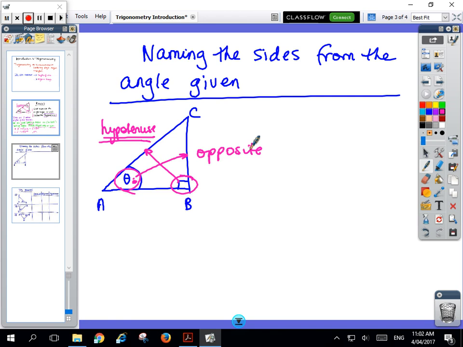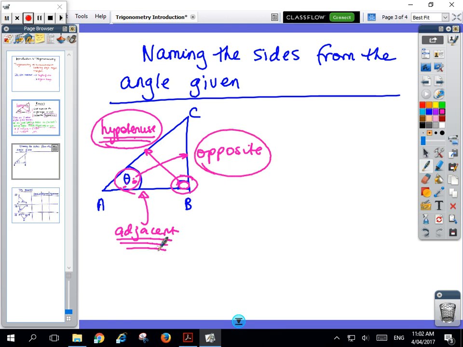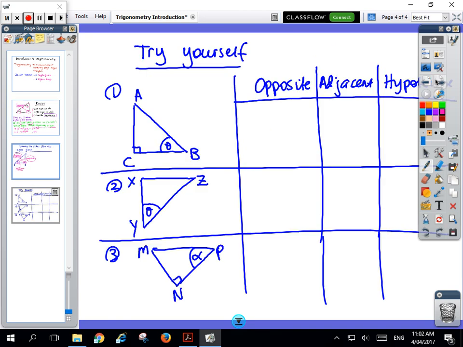Okay, so the right angle is the first thing you do. Opposite the right angle is the hypotenuse, and opposite the angle is called the opposite. And this other side, which is just next to the angle, we call the adjacent side. So that's the side that's next to it. But basically, once you name the hypotenuse and the opposite, the last side is called the adjacent. So copy that down and we'll get some practice naming some sides.